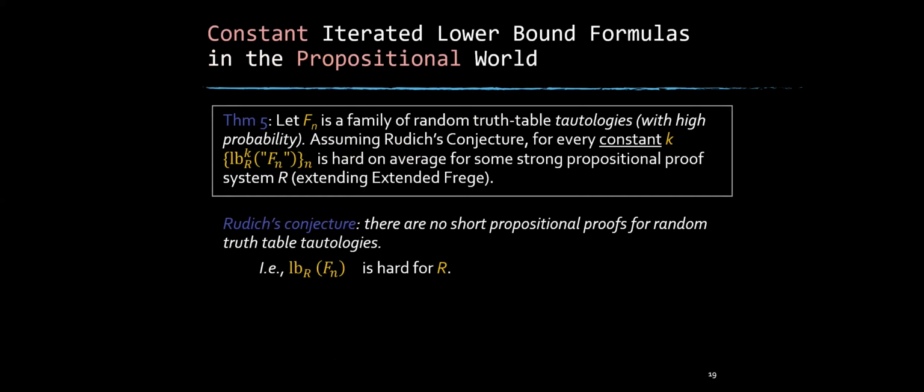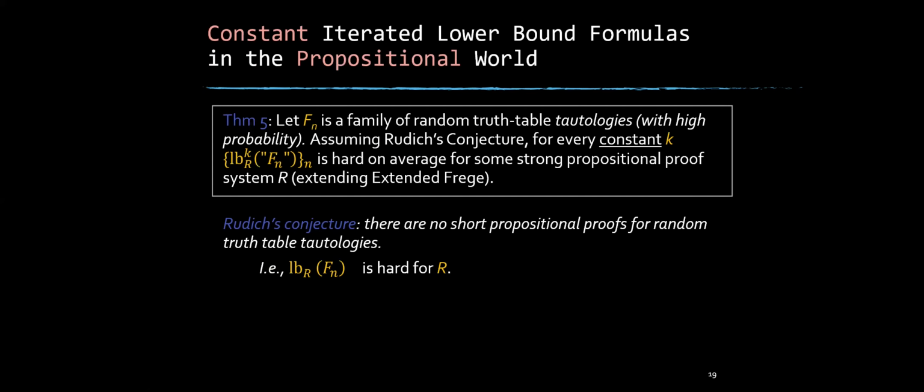Now let me discuss the final result, which is theorem 5 for this talk, which deals with the constant number of iterations of the lower bound operator. And this shows the following. Let Fn be a family of random truth table tautologies, and they are tautologies with high probability. These random truth table formulas claim the following.